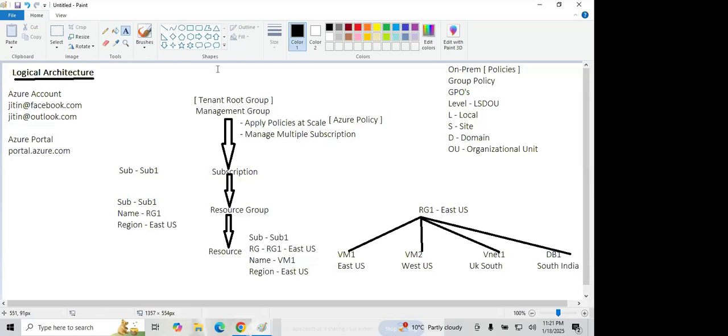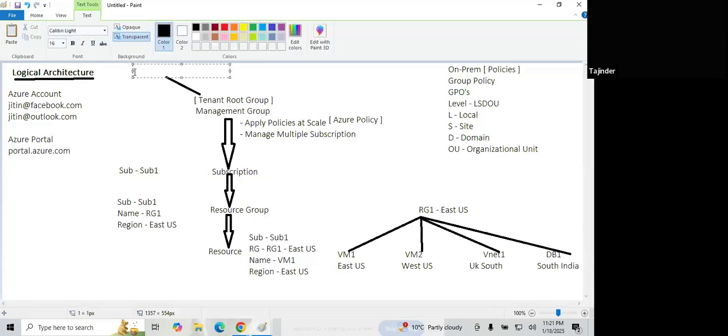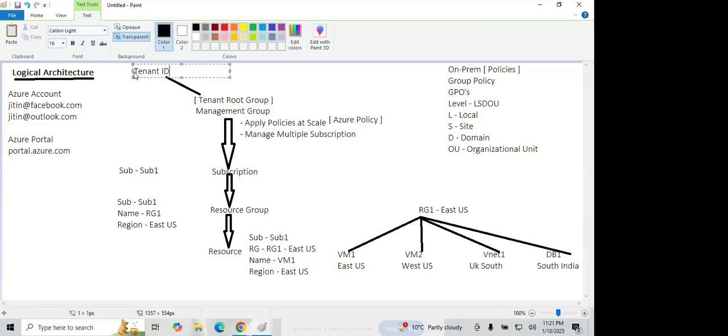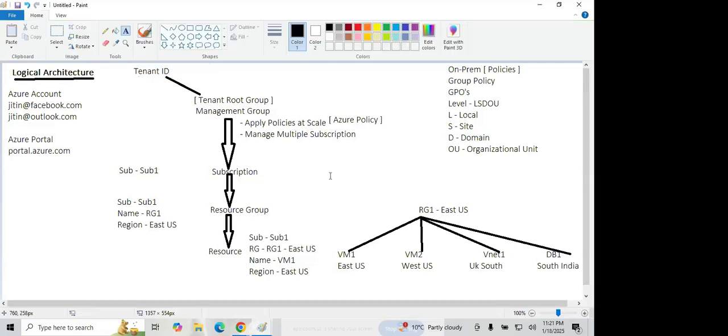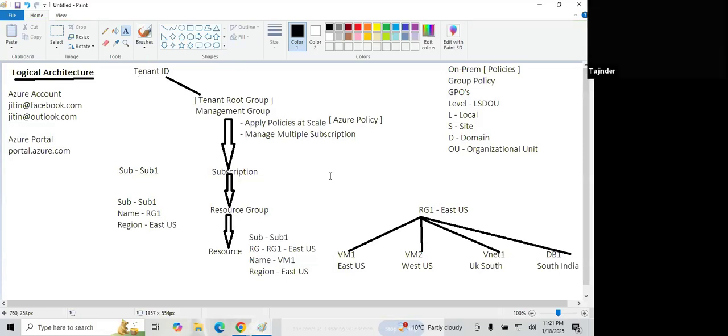So every tenant root group has an ID. We call it the tenant ID. This tenant ID is always a unique number. No two tenant IDs can ever be the same. With the help of this tenant ID, we can differentiate which tenant root the request is coming from.